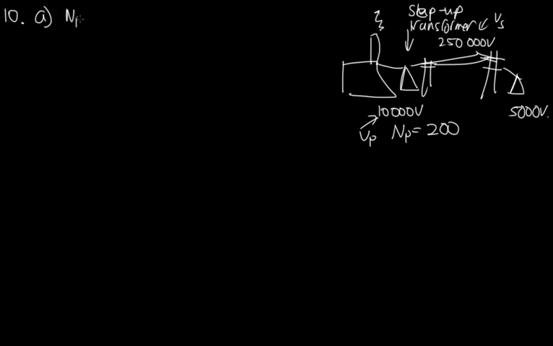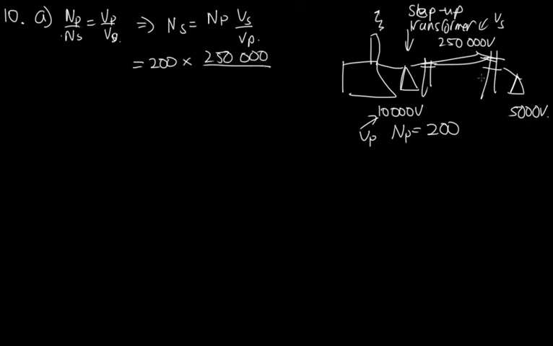So we know that NP on NS is equal to VP on VS. What we're trying to find is NS, so NS is equal to NP times VS on VP. Now all we need to do is substitute in. NP is 200. The secondary voltage is 250,000. The primary voltage is 10,000. A lot of these thousands will cancel off, and then solving that we end up with 5,000 turns.